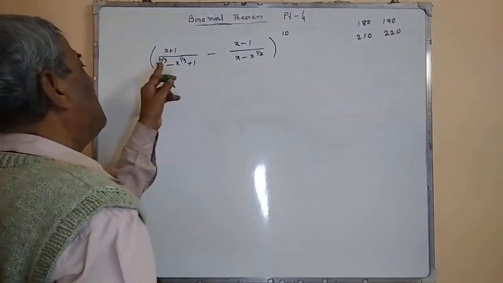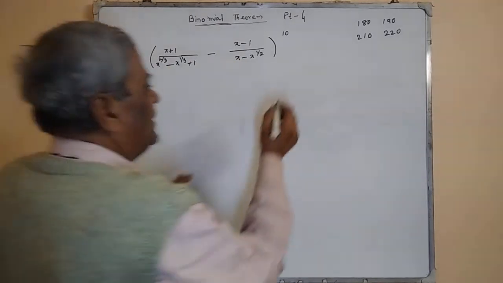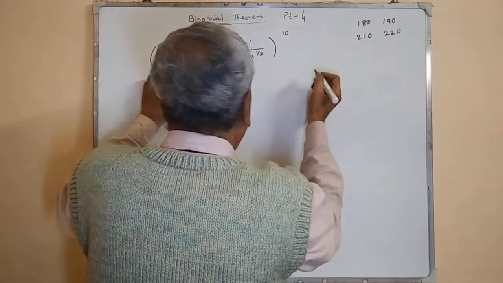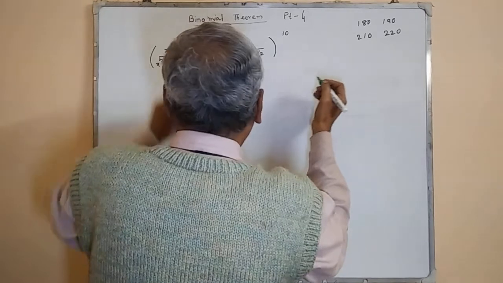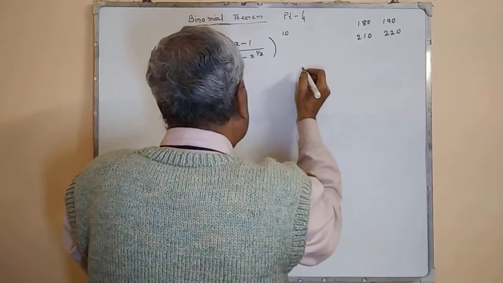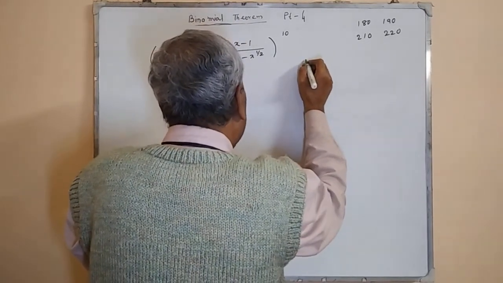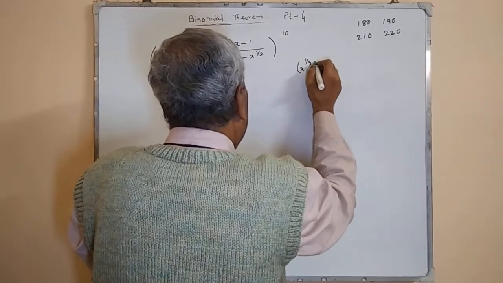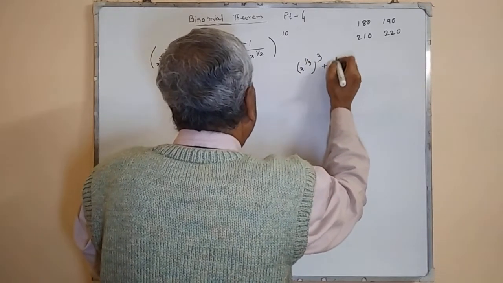Now, I simplify this and that first. Actually, this one is x plus 1, and x plus 1 means this to the power whole cube plus 1 cube.